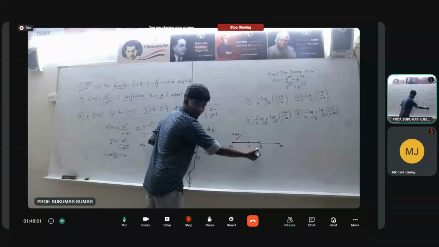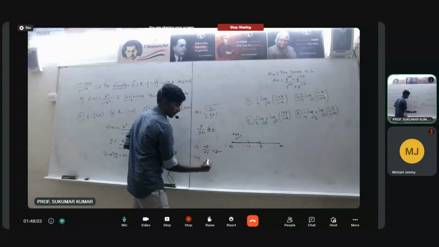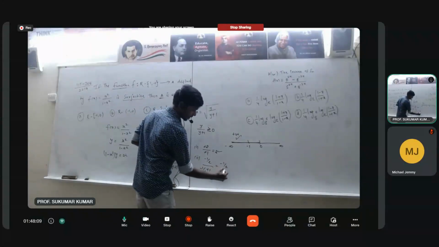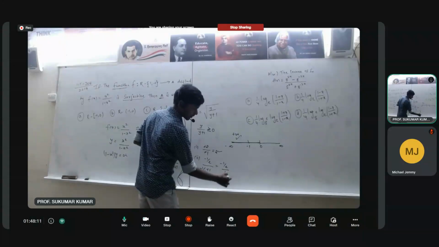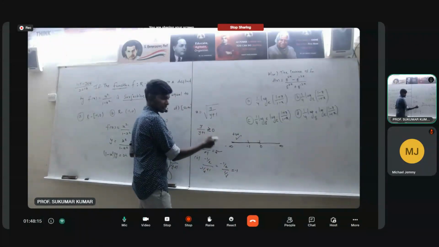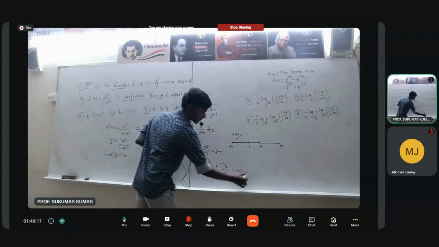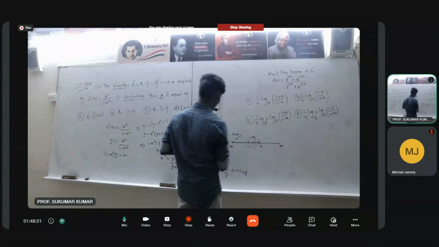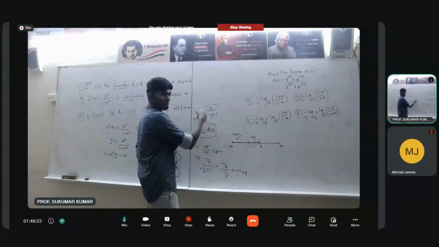So minus 1 by 2 divided by minus 1 by 2 plus 1, so minus 1 by 2 divided by plus 1 by 2. So cancel, minus 1 will come, but we need greater than or equal to 0, and this is less than 0, right? So this portion will not come, because we need positive only, because of the root.